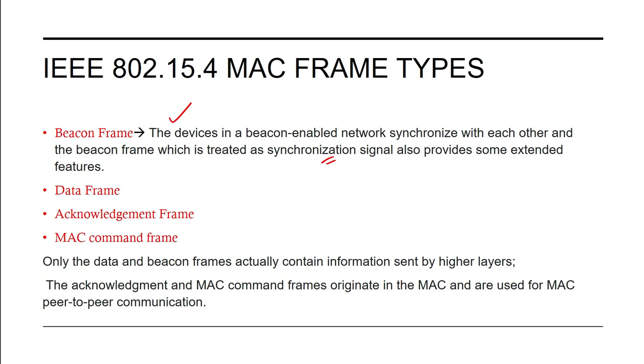Next comes the data frame, which is used to transfer the information sent by the higher layers. And next is the acknowledgement frame. The acknowledgement frame and MAC command frame both originate at the MAC and are used for peer-to-peer communication.